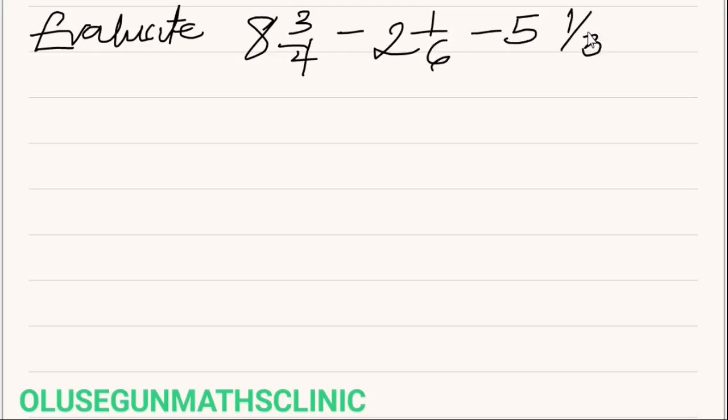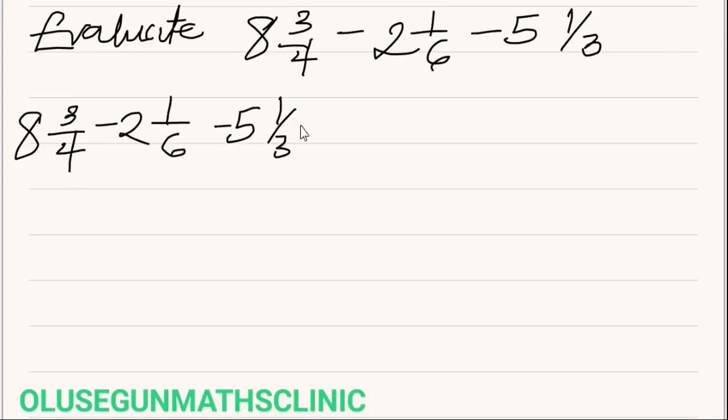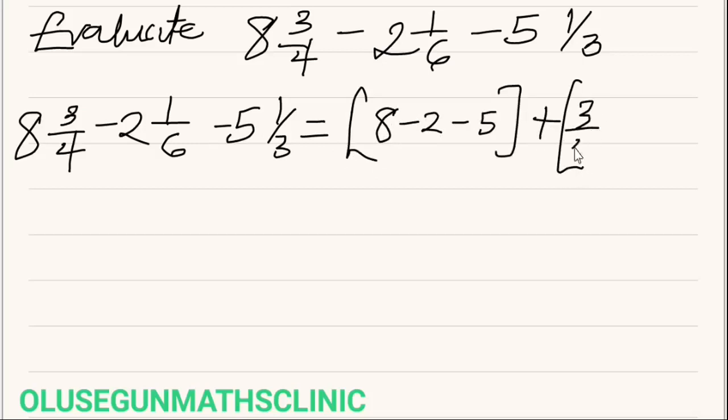Now in solving this, the first thing to do is to collect the integer parts together and the fractional parts together. That is to say, having a question like this, 8 and 3/4 minus 2 and 1/6 minus 5 and 1/3 will be, collecting the integer parts together, 8 minus 2 minus 5, now plus, you open a bracket, 3/4 plus 1/6.